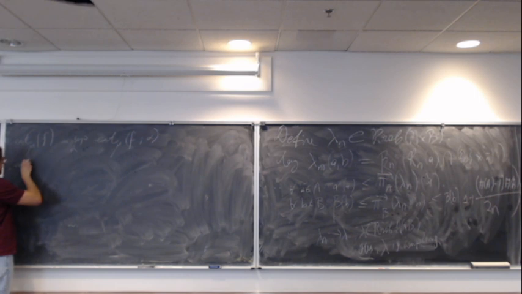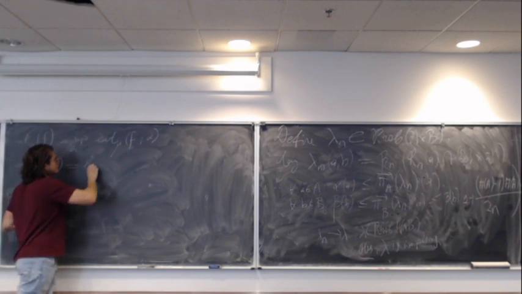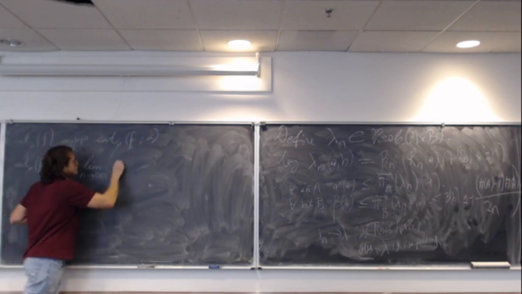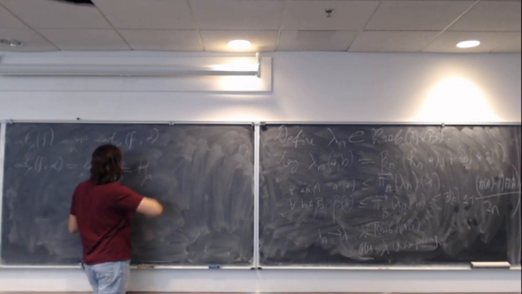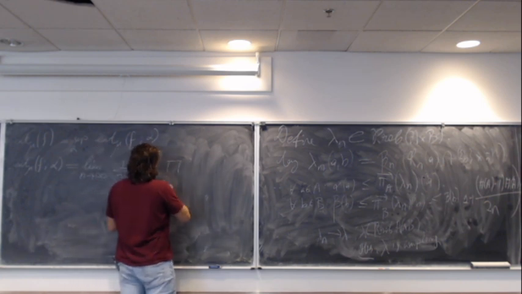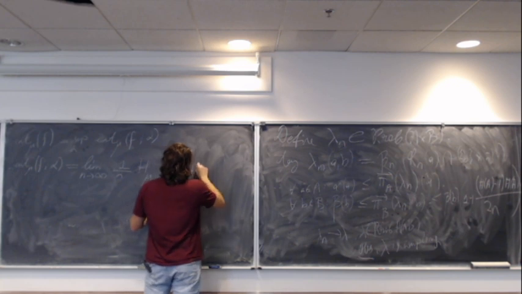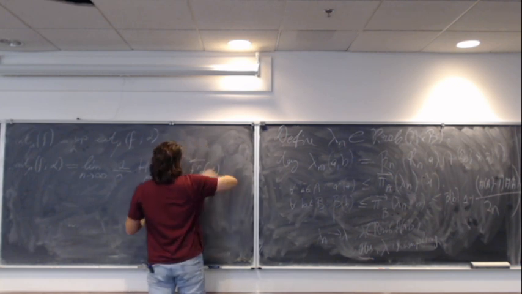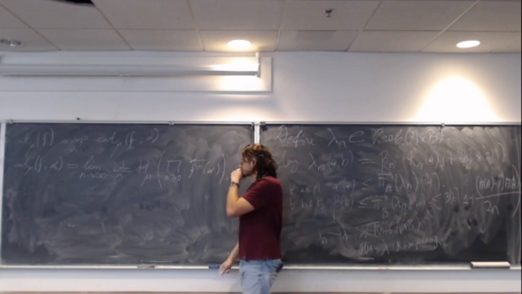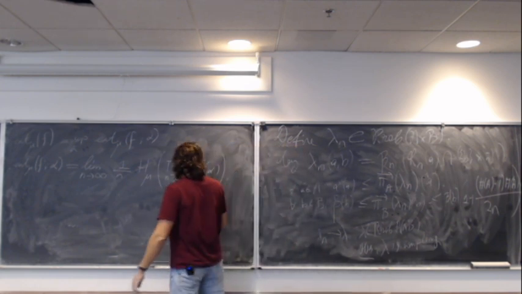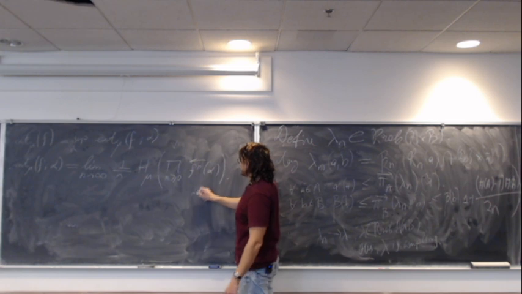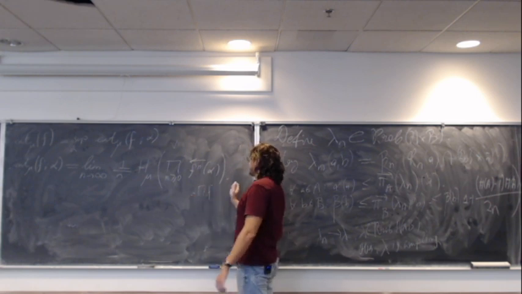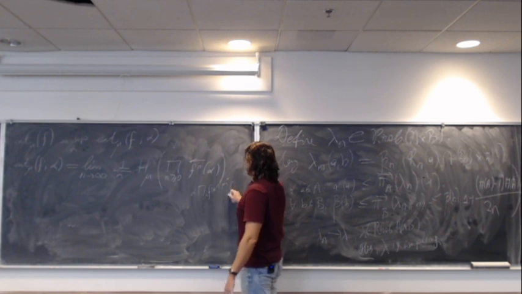I'm defining this as the entropy of this. So I'm taking alpha, and then I'm refining it. Typically they use this notation for this, I'm using more categorical notation. And then I look at where elements go in one time and second time and so on.